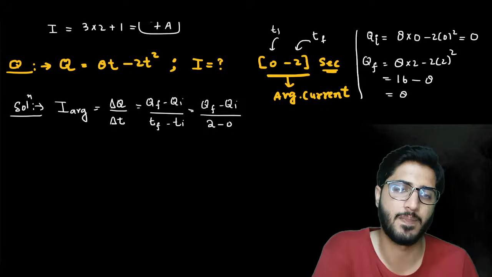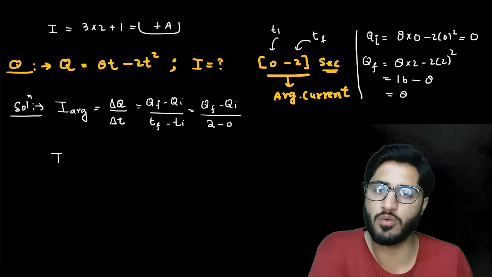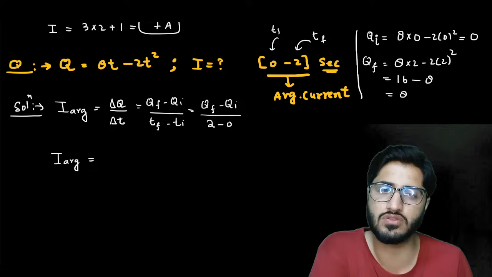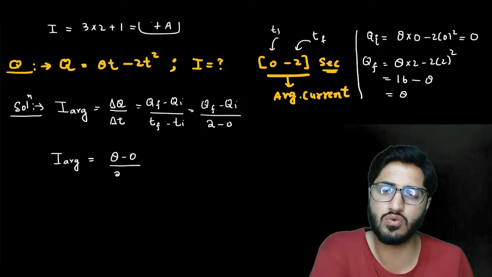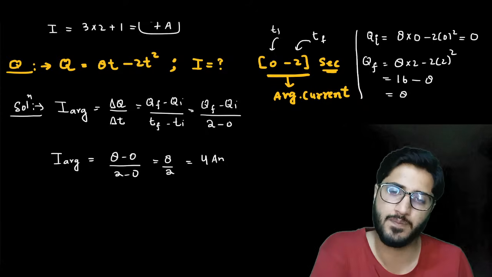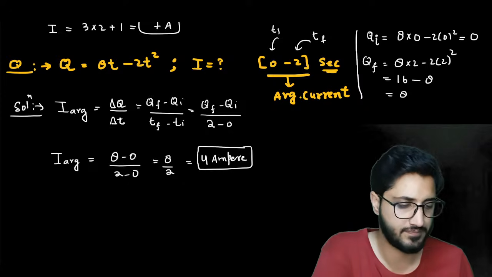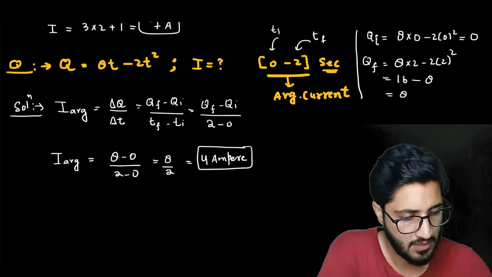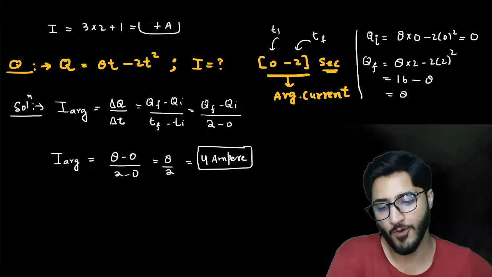So my average current is equal to 8 minus 0 by 2 minus 0, which is 8 by 2, that is 4 ampere. So my current came out to be 4 ampere.